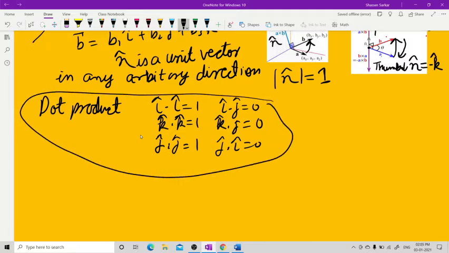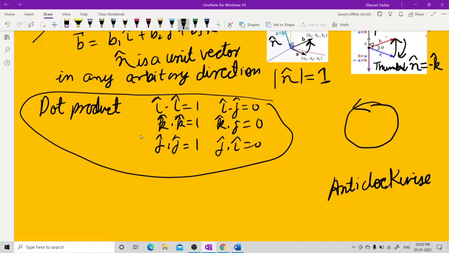Now to understand how they will behave in vector product, draw a circle like this. Easier to remember. Right here, draw anti-clockwise. In physics and maths, anti-clockwise is considered positive, and clockwise negative. Now, this is i cap, this is j cap, this is k cap.